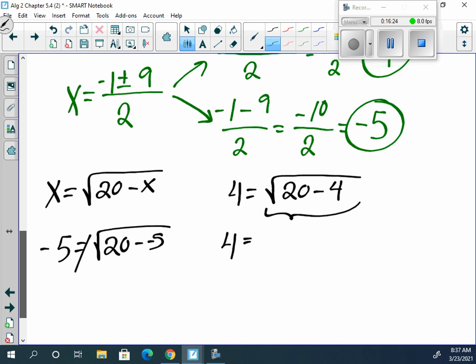Because 20 minus 4 is what? Square root of 16 is? So you could type in the square root of 20 minus 4, and it'll tell you that it's 4. So on a lot of these here, we can check it with the calculator. We don't have to write it out by hand. Questions on these here?